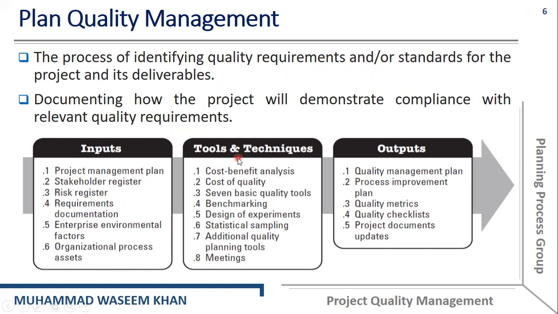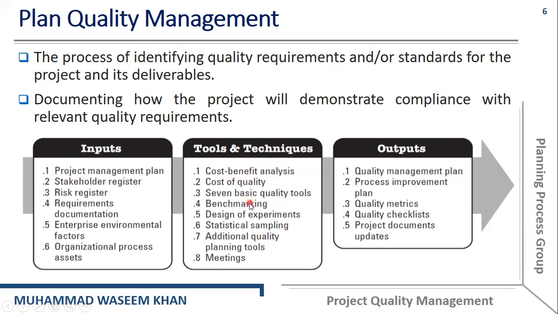We will discuss the tools and techniques, which include cost benefit analysis, cost of quality, seven basic quality tools, benchmarking, design of experiments, statistical sampling, additional quality planning tools, and meetings.